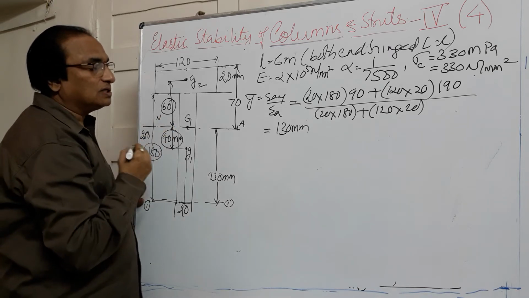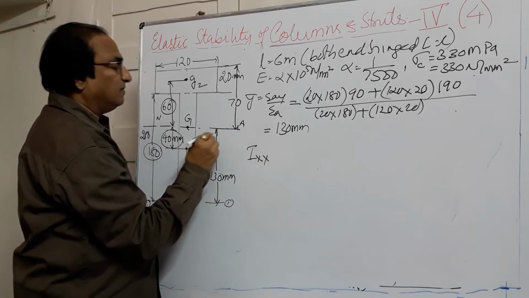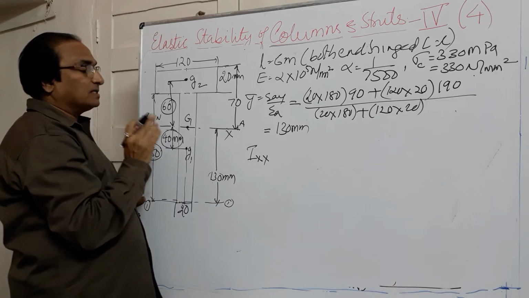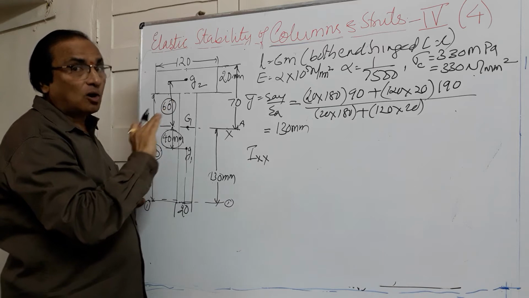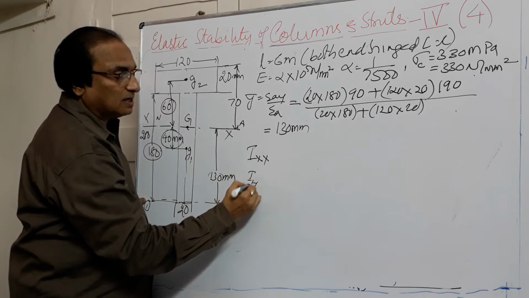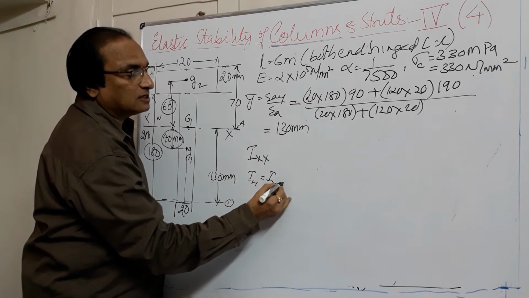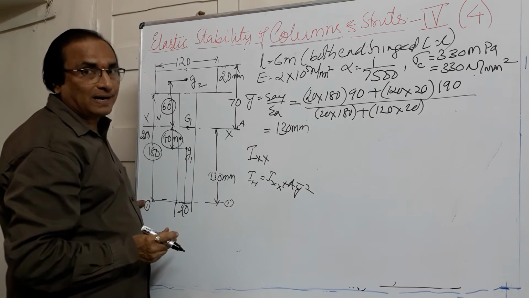Now once you know this, you can find out the moment of inertia Ixx. If I take it as xx, Ixx will be, see, the centroid of the figure and the centroid of the component are not coinciding. So in that case, we use the moment of inertia about any reference axis is equal to the moment of inertia about its own axis plus A y bar square, according to the parallel axis theorem.